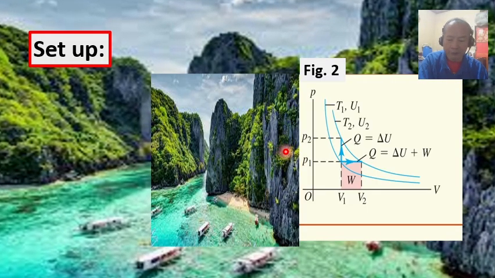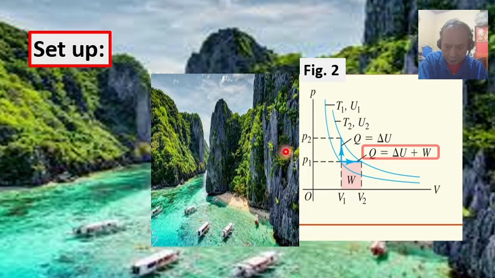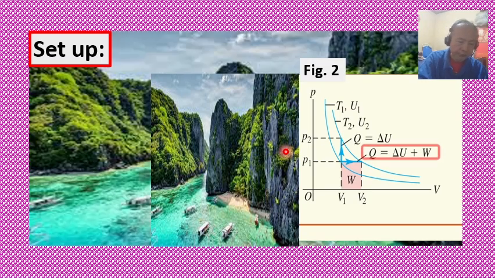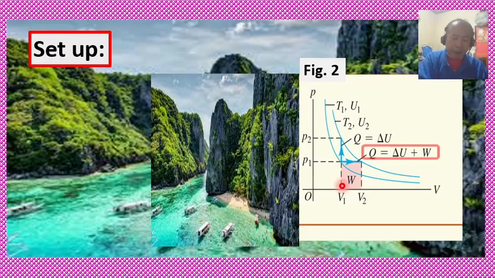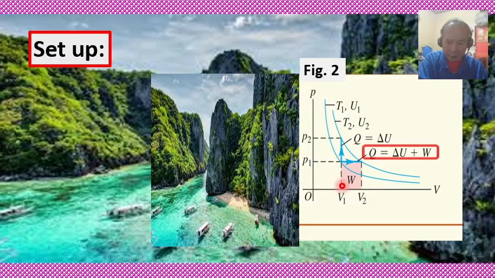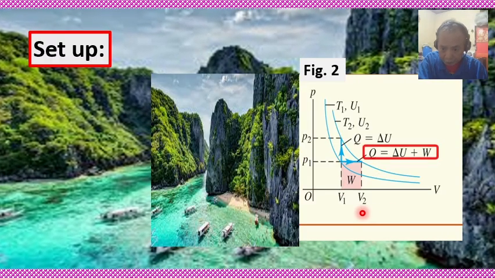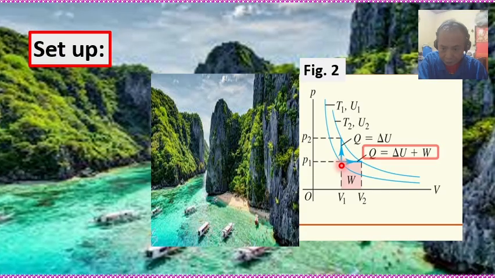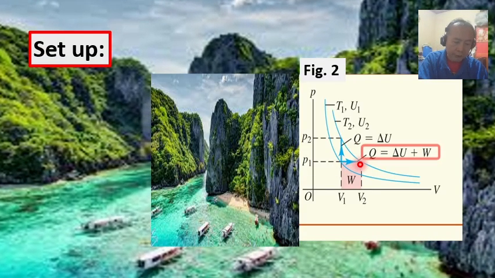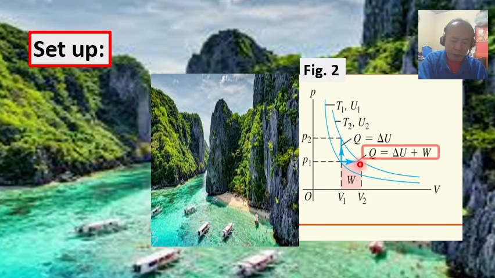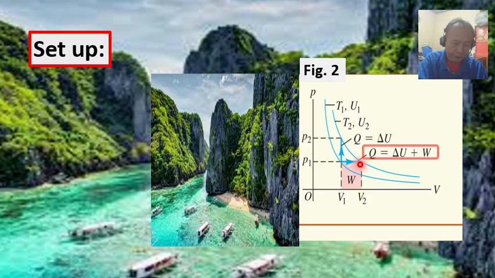The first one is when the volume of the gas increases from V1 to V2 at constant pressure P1.